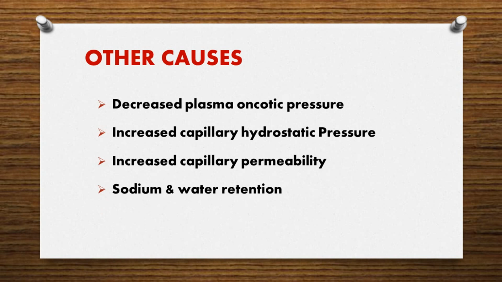In this, edema occurs because of the body's retention of too much salt or sodium chloride. This excess salt causes the body to retain water, which then leaks into interstitial tissue spaces, leading to edema. Some of the examples are renal edema, cirrhosis of the liver, etc., which may cause sodium and water retention leading to edema.